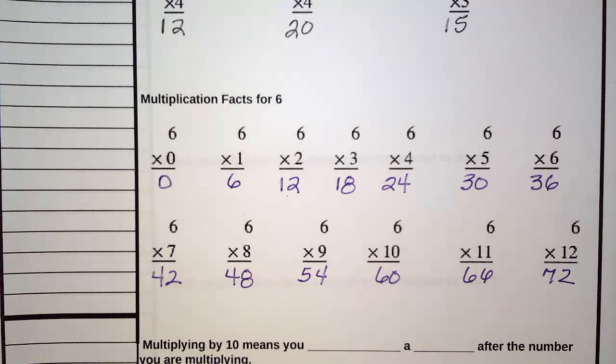Each time it will go up by 6. 42 plus 6 is 48. 48 plus 6 is 54, and so forth.